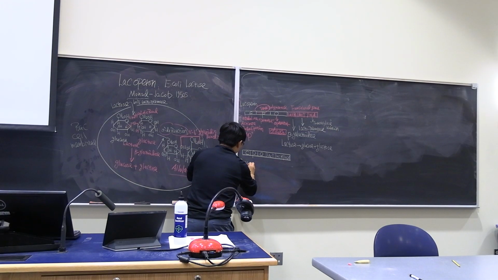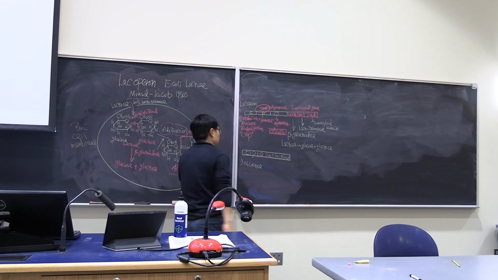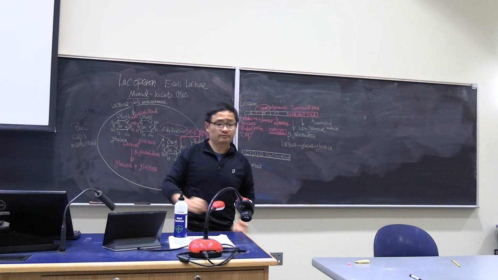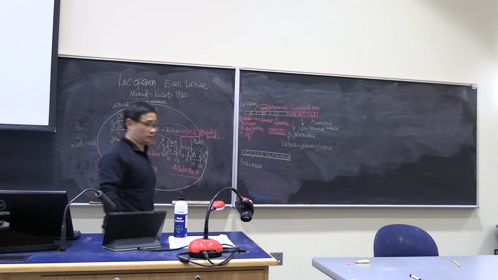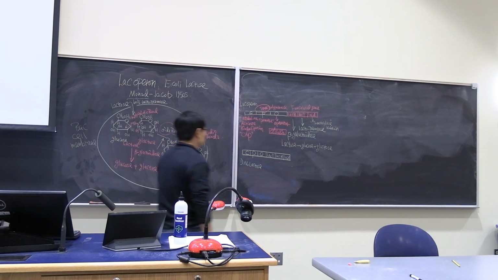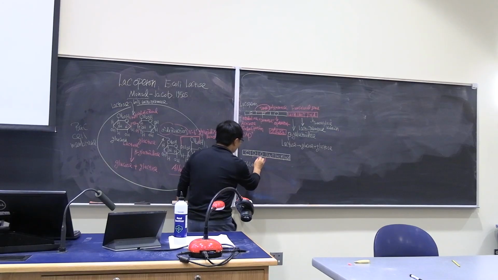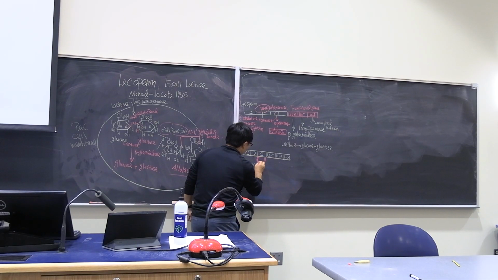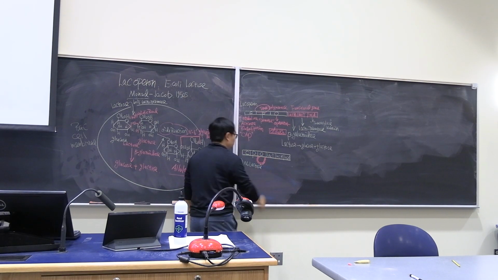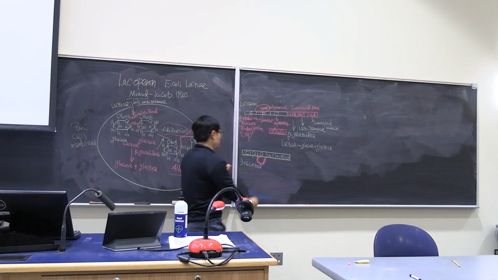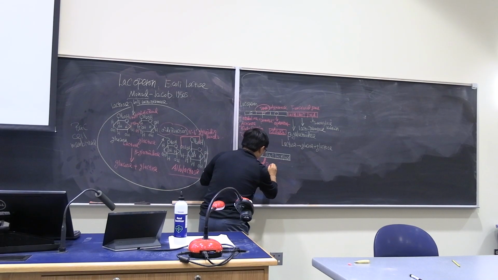If there is no lactose, what will happen? If in the environment there is no lactose, something will be attaching to the O. We call it a repressor or an inhibitor. Okay, there's a repressor attached to the O.